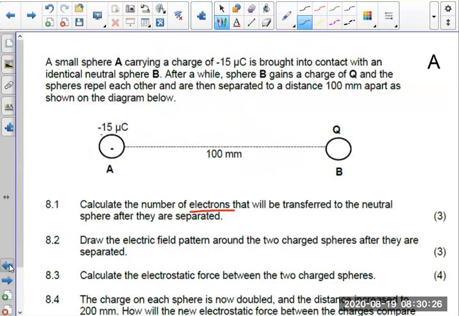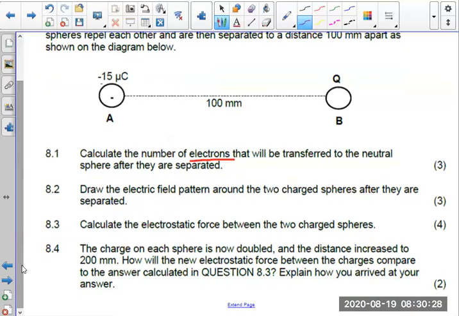Okay, now the next question is calculate the electrostatic force between the charged spheres. So now they want us to work out the force. What did I tell you? Clue word is force. So we have to work out F. Please remember to check for that, because if they wanted to work out the field, then you have to use E. Okay, in this case it is the force between the 2 charges.